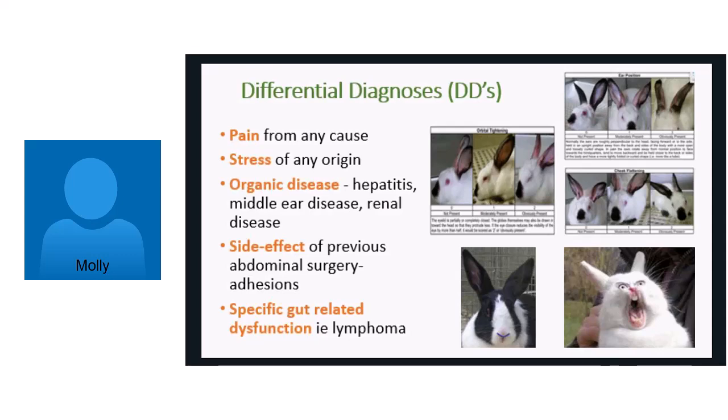And these post-surgical adhesions can certainly affect gut motility and can cause discomfort as well as dysfunction. And then other things may be directly gut-related diseases, such as things like lymphoma, maybe mucoid enteropathy, things like that. So it's really worthwhile accounting for everything that you can in your initial examination.